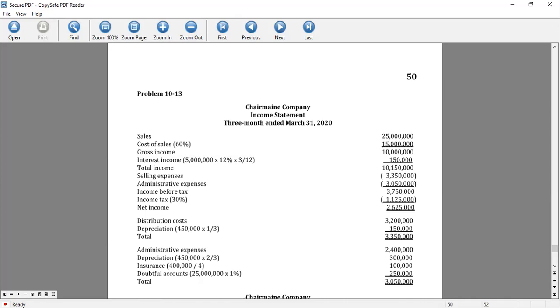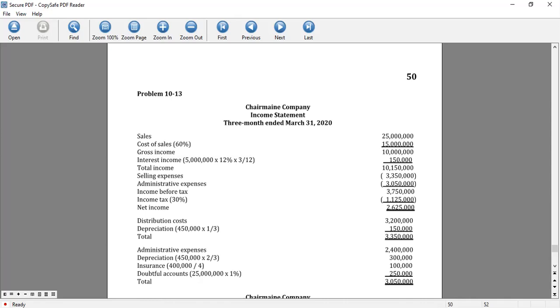The total is 10,150,000. That's the total income. Then we deduct selling expenses of 3,350,000.